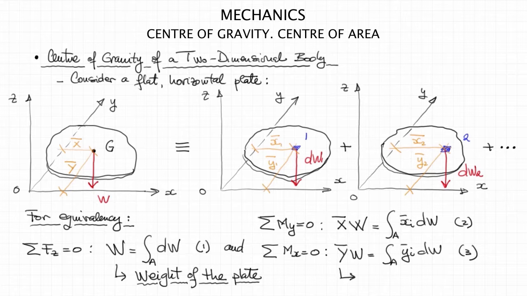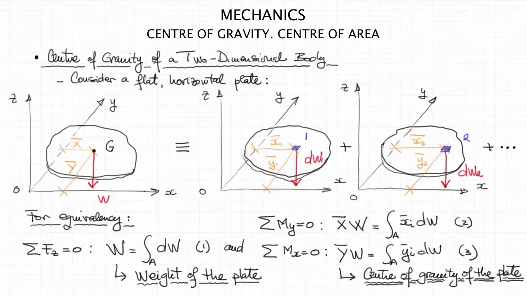If you look carefully at these equations, equation 1 calculates the weight of the plate really, but equations 2 and 3 can be used for determining capital X bar and capital Y bar, which are the coordinates of the center of gravity of the flat horizontal plate.